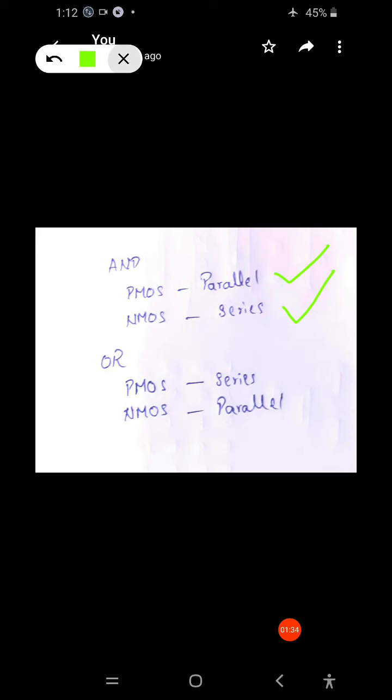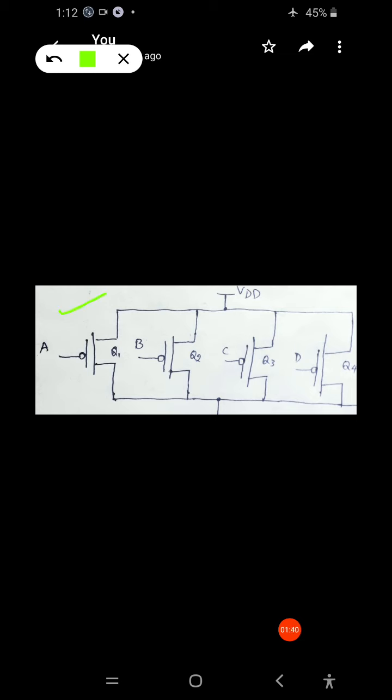Now we'll see that one. For this I am taking 4 inputs, that are A, B, C and D. Next, the transistors Q1, Q2, Q3, Q4. All these are PMOS transistors, and these PMOS transistors are connected in parallel.